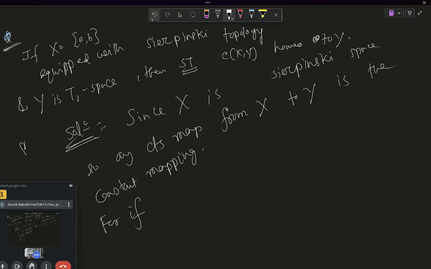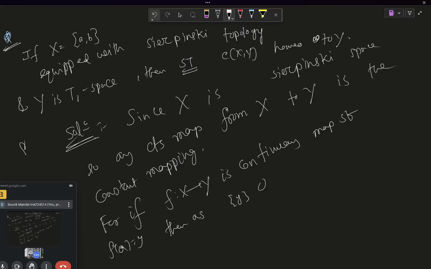So if f from X to Y is a continuous map such that f(a) equals y, then the singleton {y} is closed.